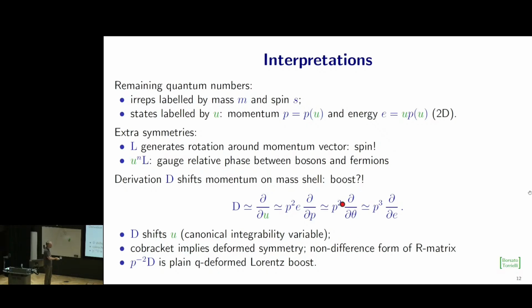You could introduce, from special relativity, a rapidity variable, and a Lorentz boost would just be a shift of rapidity. But here there's an additional factor of p squared.